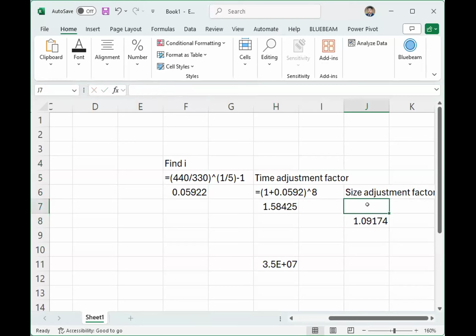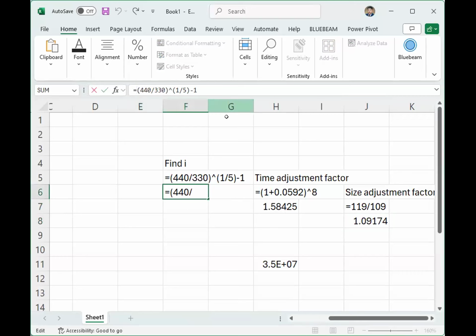Another thing, if you want to show an equation as text in Excel, you can use the apostrophe. That is the one beside your Enter key, and you can type in anything, and you will see it here, right? So I'm going to copy this one and put it here. Another important thing that we did not put in here is the round up.